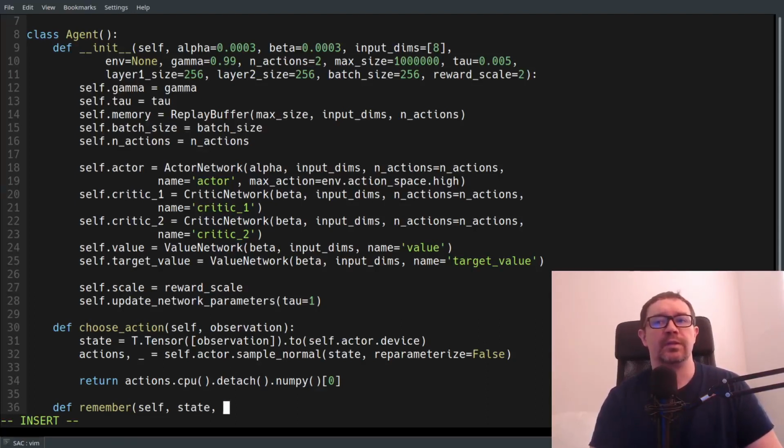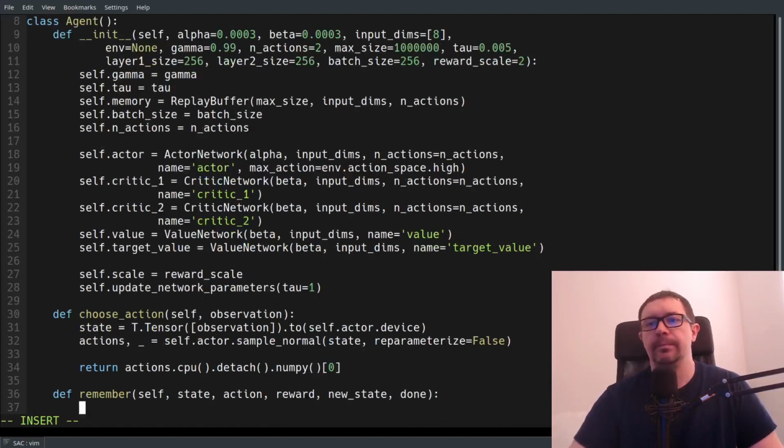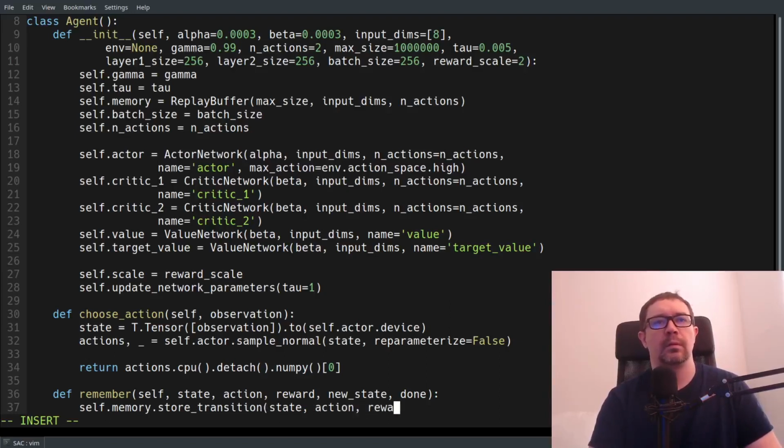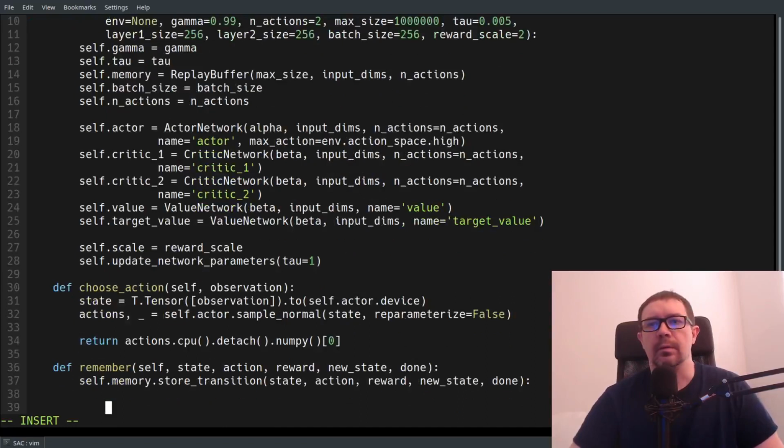So we'll take a state, action, reward, new state, and done flag as input. And then we're going to store that transition. All right. Oh, I don't need a colon there. Don't know what I was thinking.